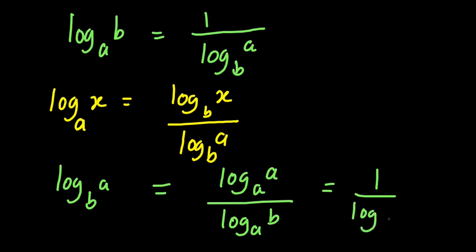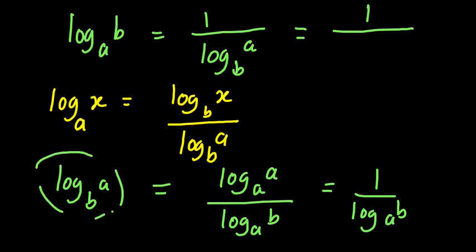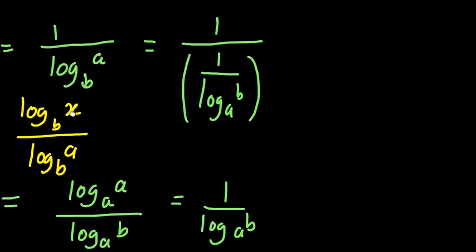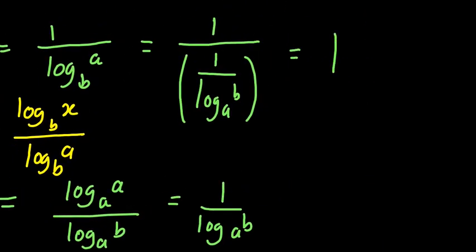Now in place of log base a of b we can substitute what we have already got, so it's 1 over 1 over log base a of b.